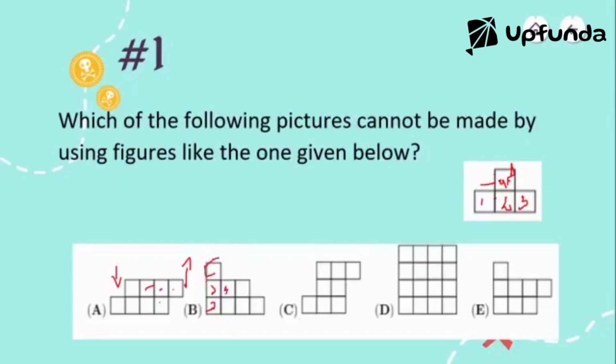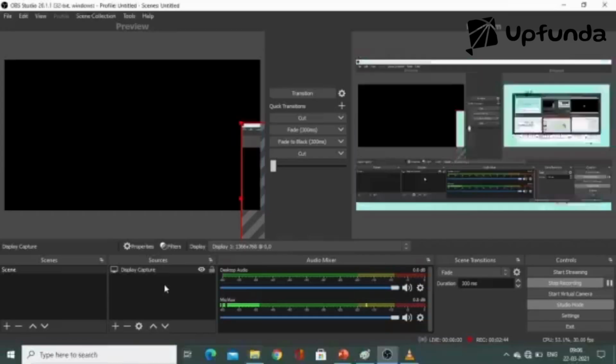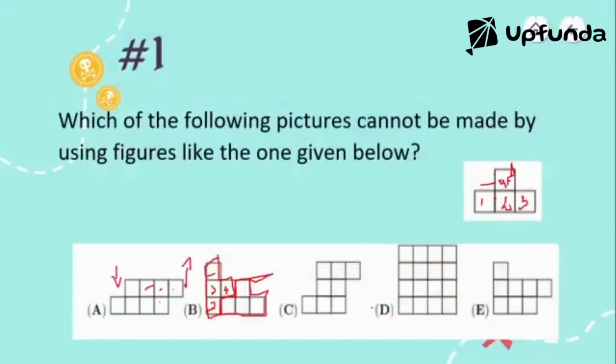Okay, this is 1. Okay, and this is a second one. So they also constructed this type of shape using this square.